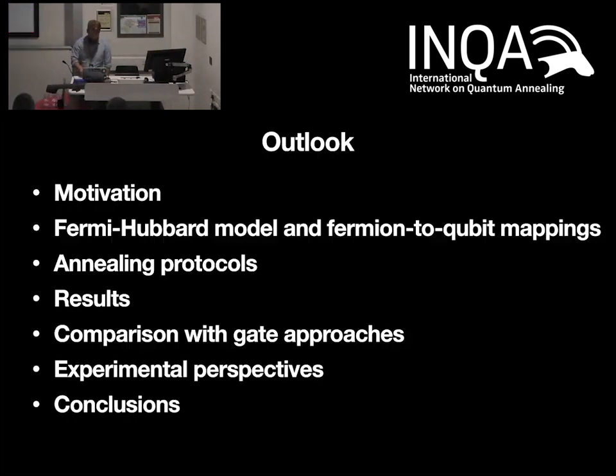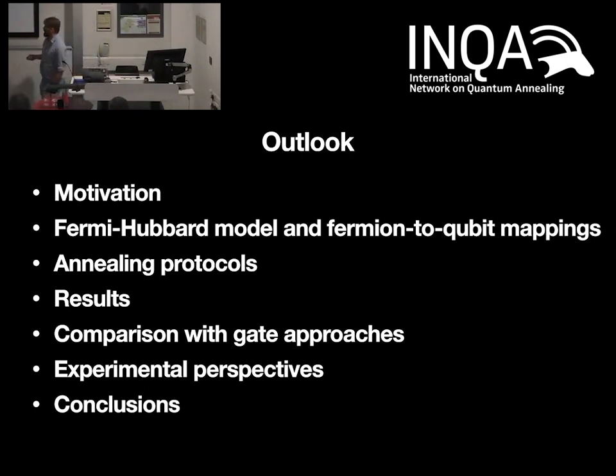So this is the outline of my presentation. I will first focus on the motivation for why we are trying to pitch this idea of application-specific annealers and why we are interested in Fermi-Hubbard models. Then I will introduce Fermi-Hubbard models and the fermion-to-qubit mappings needed to properly implement this on hardware or on a future iteration of hardware.